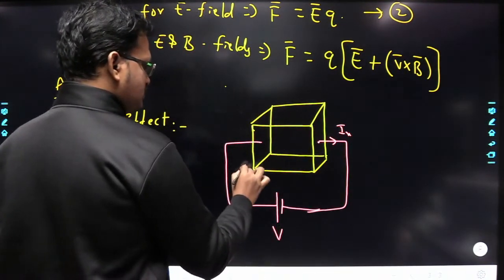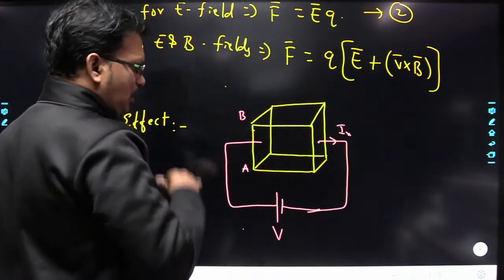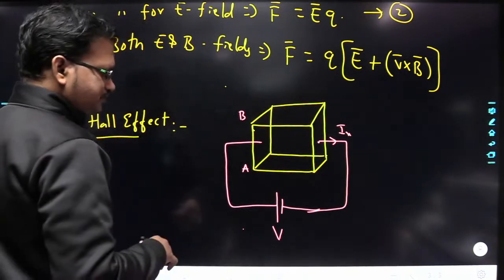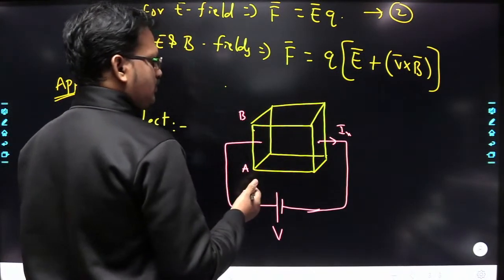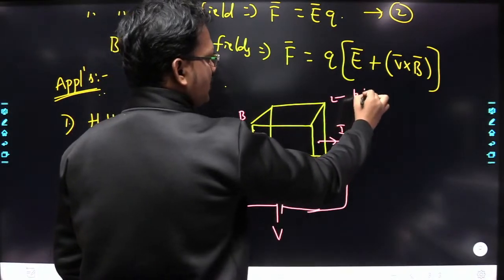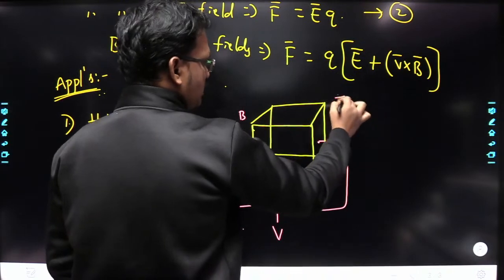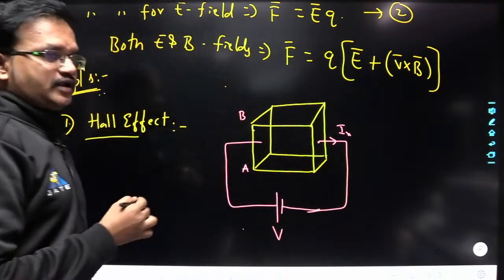We have considered this as A and this as B. This is an extrinsic semiconductor. It may be P type or N type.